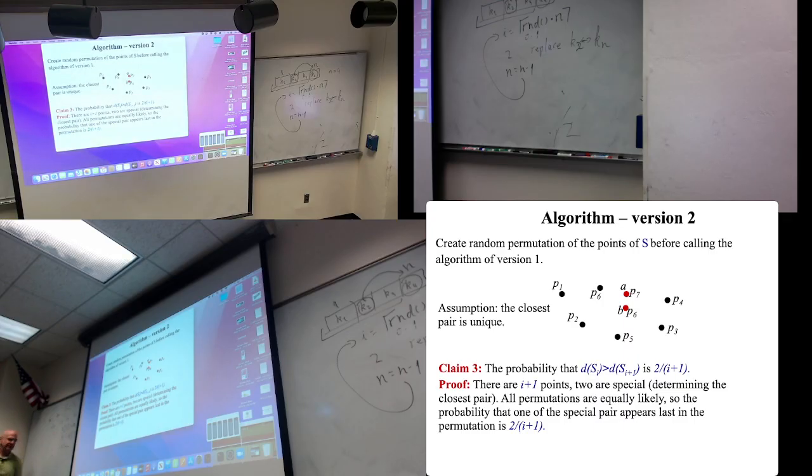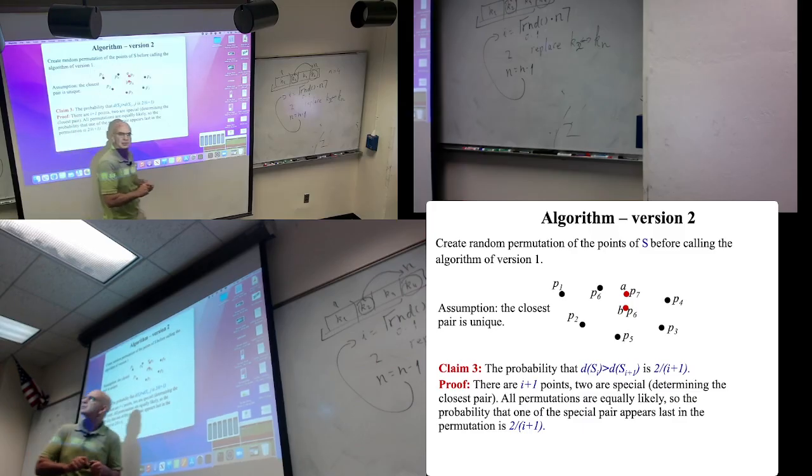And we asked what is the probability. Let's call this number m_i, the maximum at the ith step.